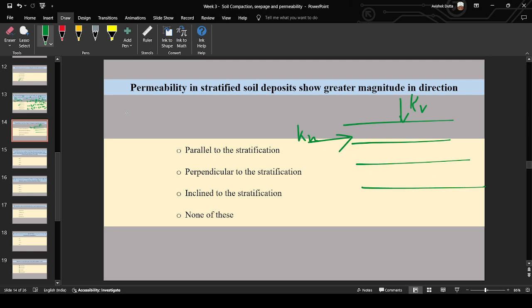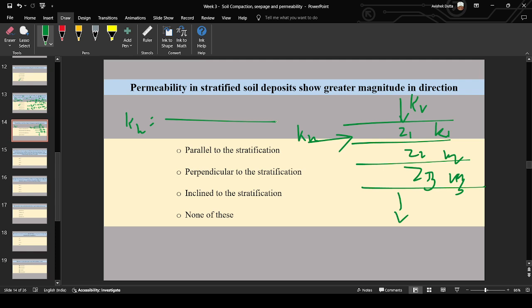Now for the horizontal direction, we have the formula KH equals to, if this thickness is Z1, Z2, Z3, and so on, and the K values are K1, K2, K3. So we can write like this.